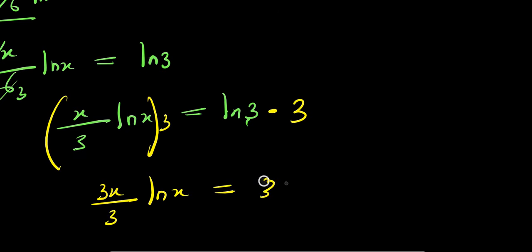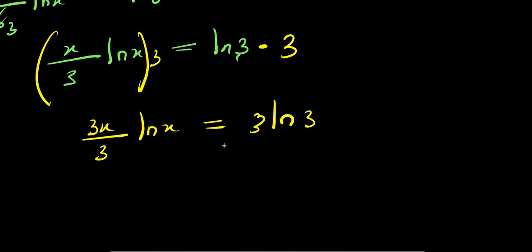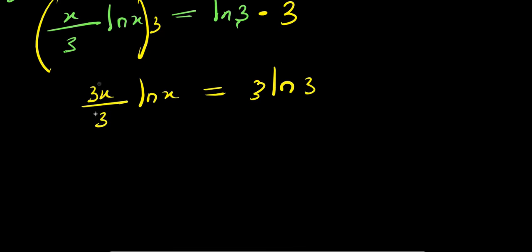This is 3 times ln 3. Now, if that is the case, the 3 here cancels the 3 here. So I have x times ln x equals 3 times ln 3. From here, you can agree with me that x here and x here, 3 here and 3 here. So you can say that x equals 3.